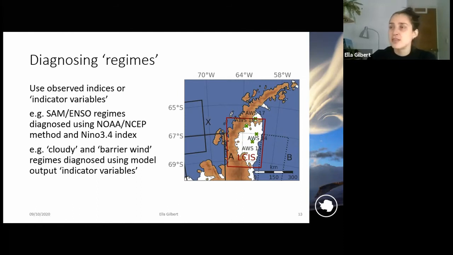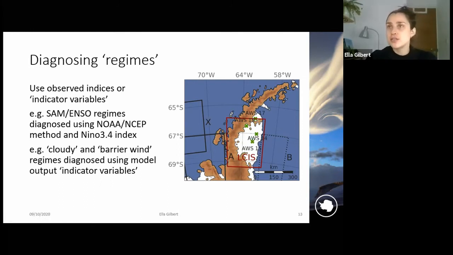So for example, if I'm interested in understanding the effect of cloud over Larsen C on surface melting, then it makes sense for me to diagnose those cloudy conditions by looking at the cloud fraction averaged over Larsen C and then using some kind of threshold. So that's what I've done for the cloudy regime, for example: when cloud fraction is above a threshold over Larsen C, I take all the conditions during those time periods to get this composite.